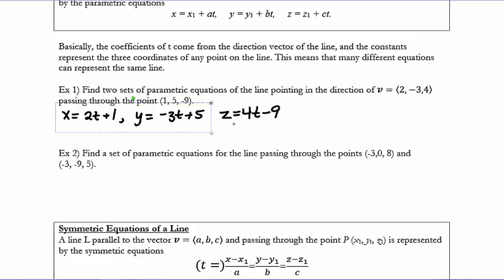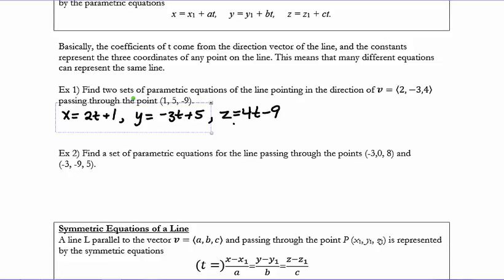If you look, it seems really obvious how all that happened here: 2, 2t, -3, -3t, 4, 4t, and 1, 5, -9. Done. There's your first set of parametric equations.